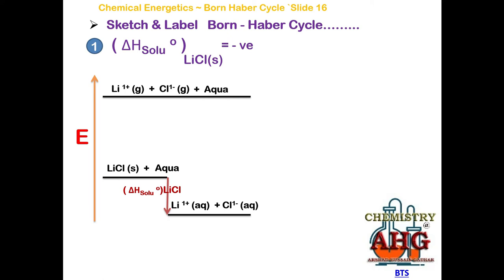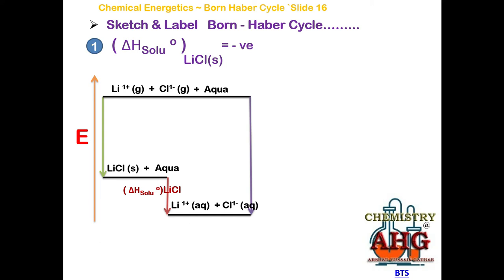Now from this position you can join the lower sides by using two different arrows. One arrow, when gaseous ions combine together to produce solid lithium chloride, and the other arrow, when gaseous ions are surrounded and attracted by water molecules, giving hydrated ions, hydrated lithium and chloride ion.